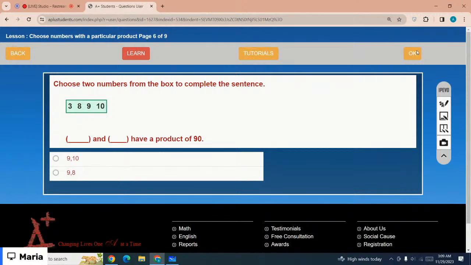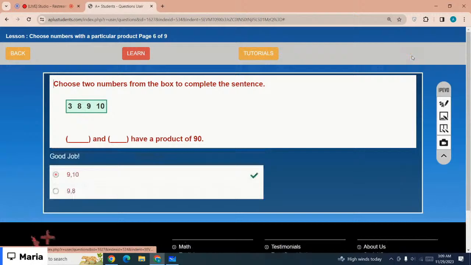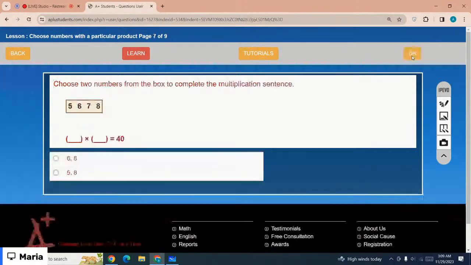Yes, that is 9 and 10 because 9 times 10 makes 90. So, option 1 is the correct option. Choose two numbers from the box to complete the multiplication sentence.